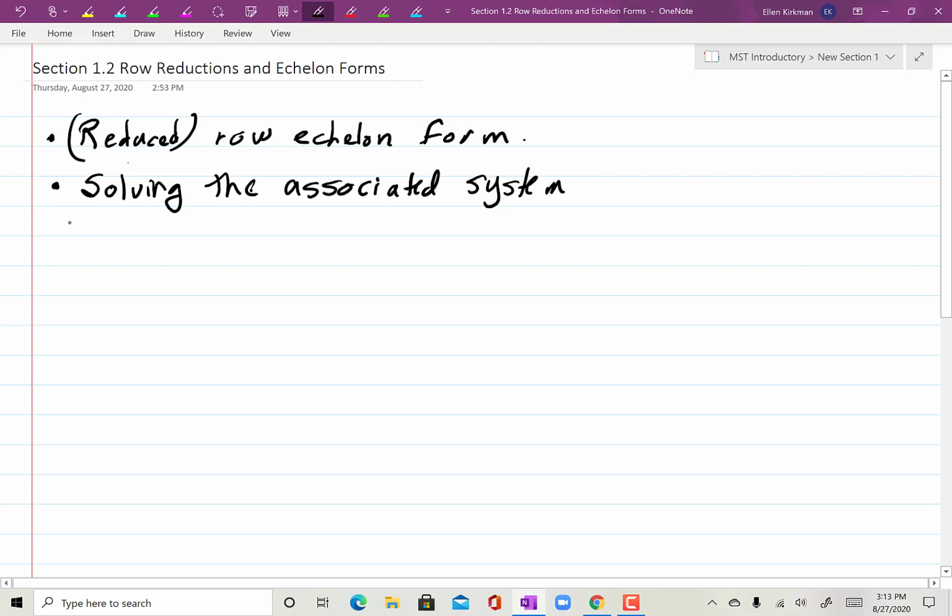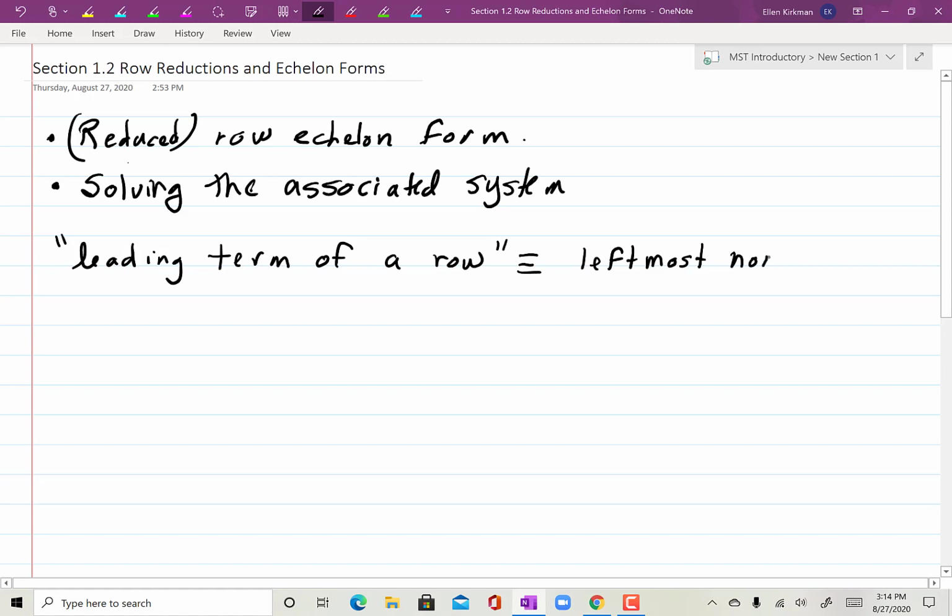So we want to look at the definition, but to start with, I need the idea of what the leading term of a row is. What that's defined to be is the leftmost non-zero entry. So that's leading if you're looking left to right.